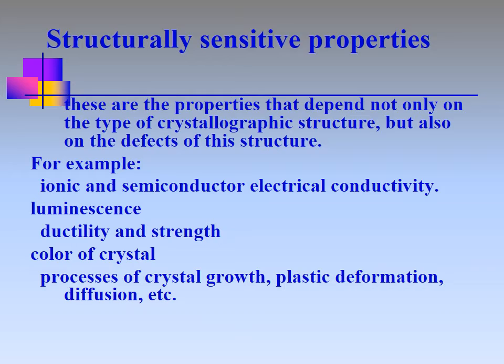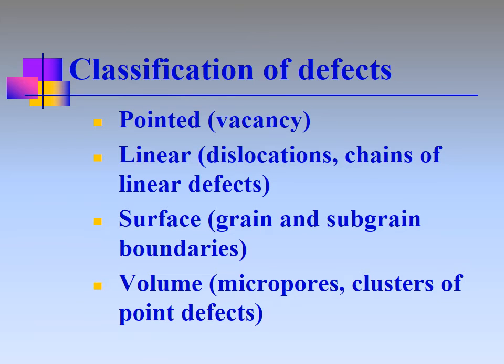Structural defects are caused by several reasons: thermal vibrations of atoms and violations of the electron density, the impact of any radiation, temperature rise, etc. All structural defects by geometrical phases can be divided into the following types: point defects, a violation of the periodicity at isolated points of the lattice.